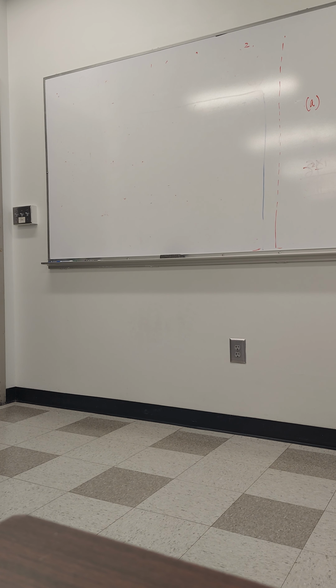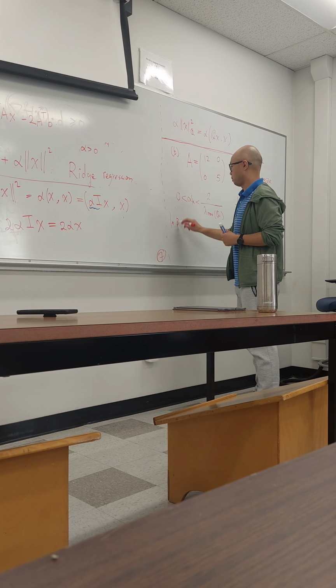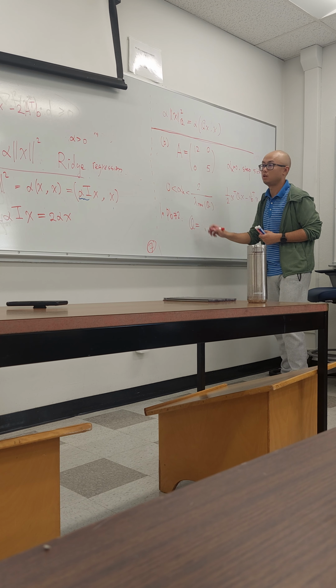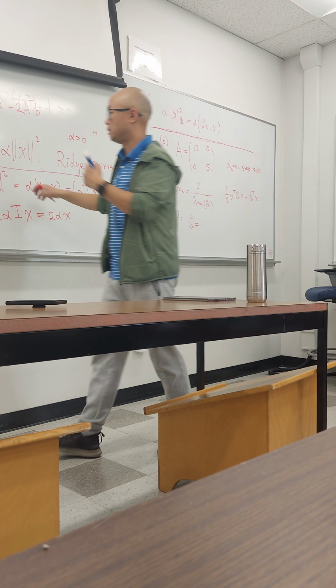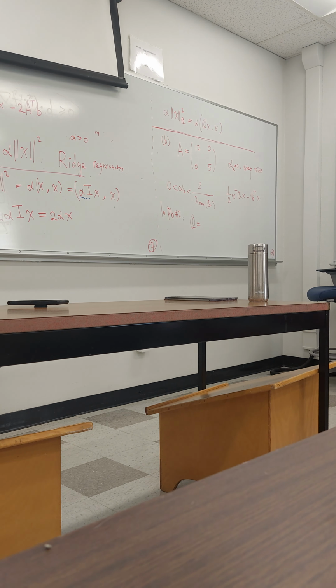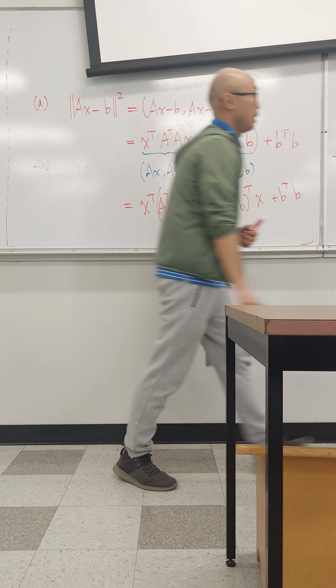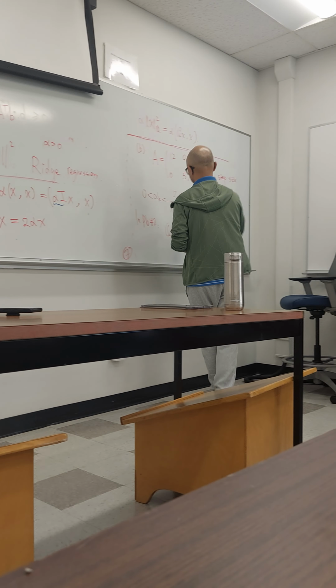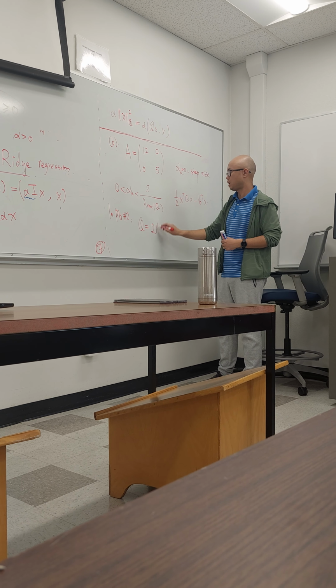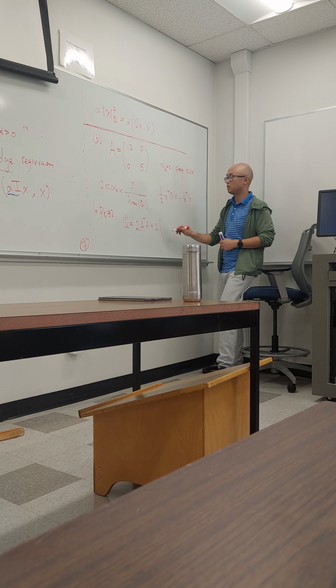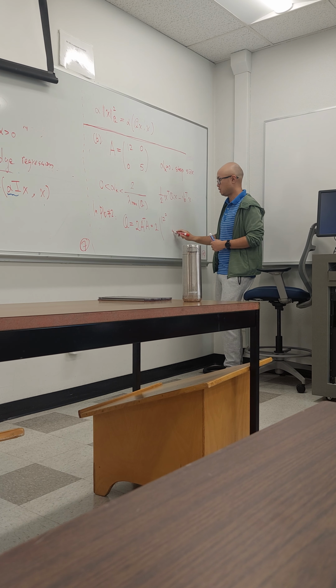So in this problem 2, what is Q? Q is 2 times A transpose A, which is 2 times this matrix transposed times itself.